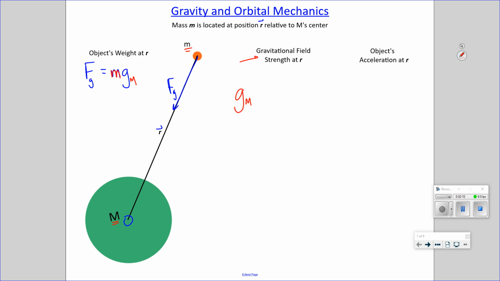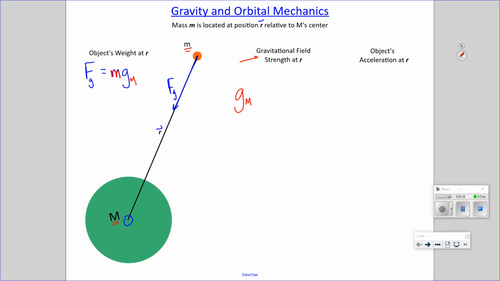What masses also do is experience the effect, which is to say the force, that is exerted by a gravitational field that they're placed in. So that's what's called the gravitational nature of mass. Masses by their nature create gravitational fields. Masses by their nature have forces exerted on them by gravitational fields.